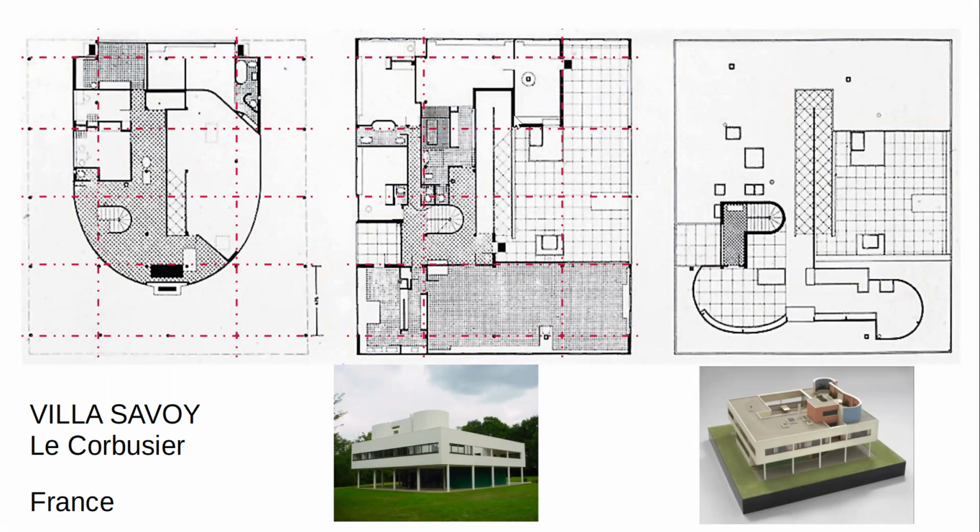Now, the second floor is broken by a ramp, and the ramp is surrounded by a retaining wall or a shear wall here. So that shear wall, in a way, breaks the grid, but yet it still follows some pattern or minor pattern of the grid, or a smaller version of the grid.